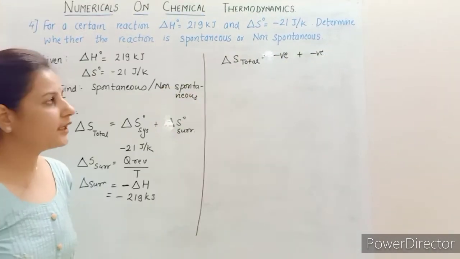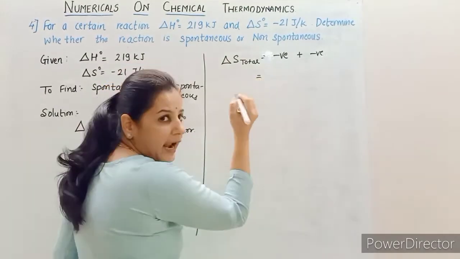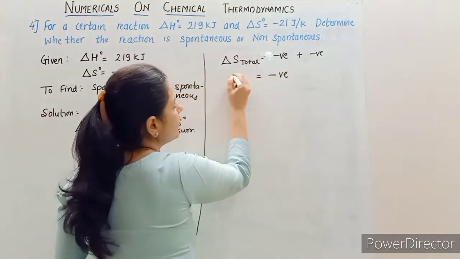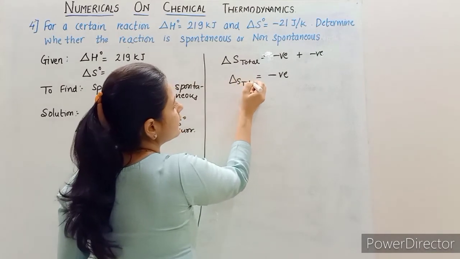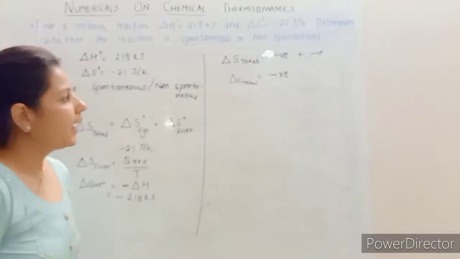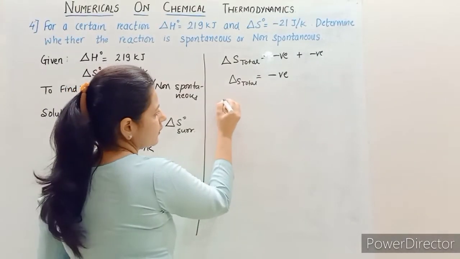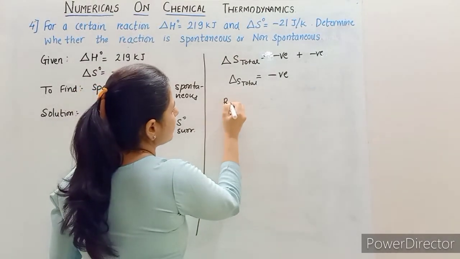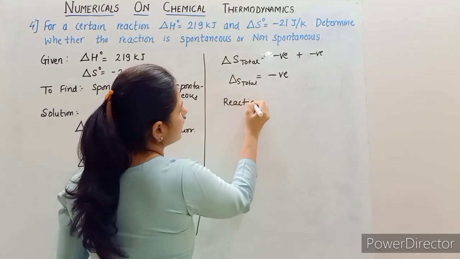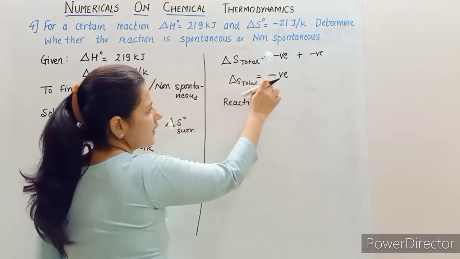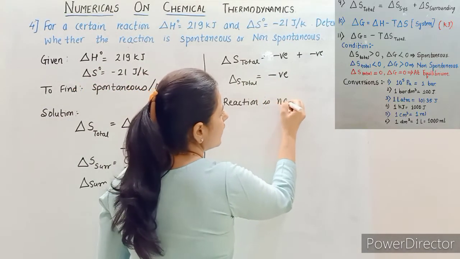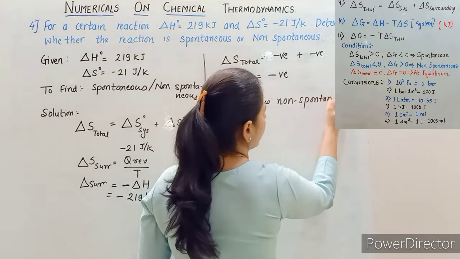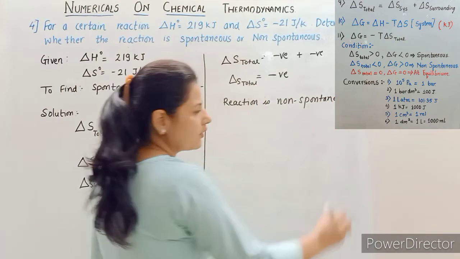When we add two negatives, we will add them up, but the sign will be negative, means delta S total in this case is negative, and therefore since S is negative, means less than 0, the reaction is non-spontaneous. So your answer is that the reaction is non-spontaneous.